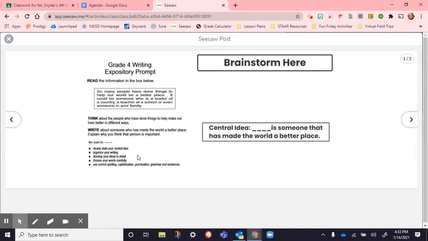So that person is important because they're fighting for everyone to have equal rights. Okay, so just changing the verbiage and the way you're writing it, that's what I'm looking for. You have to tie it back to these two sentences right here.